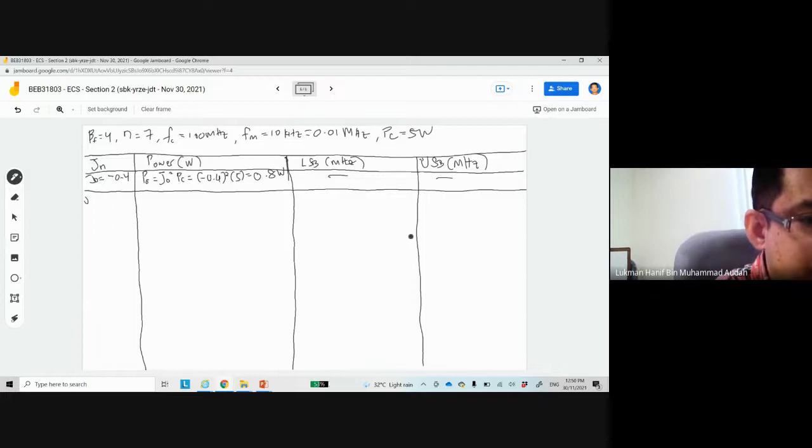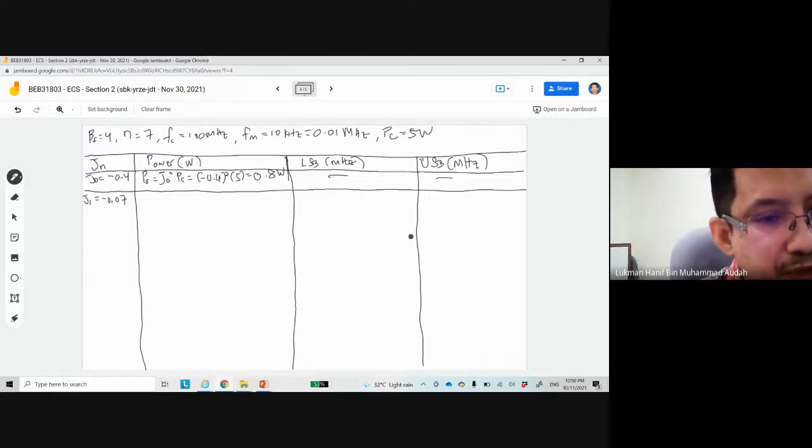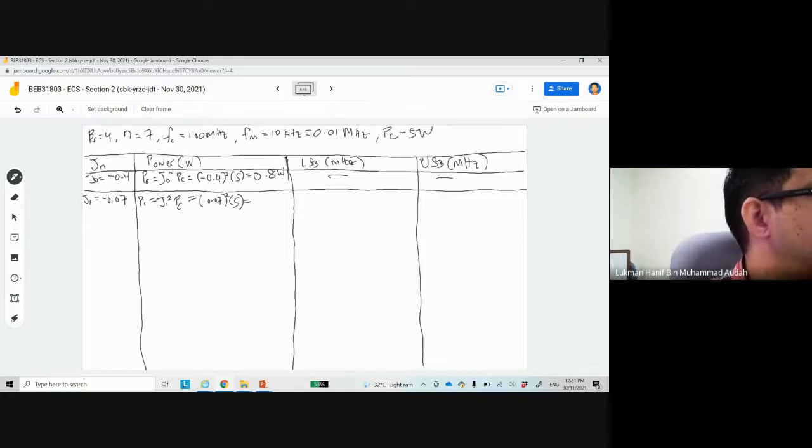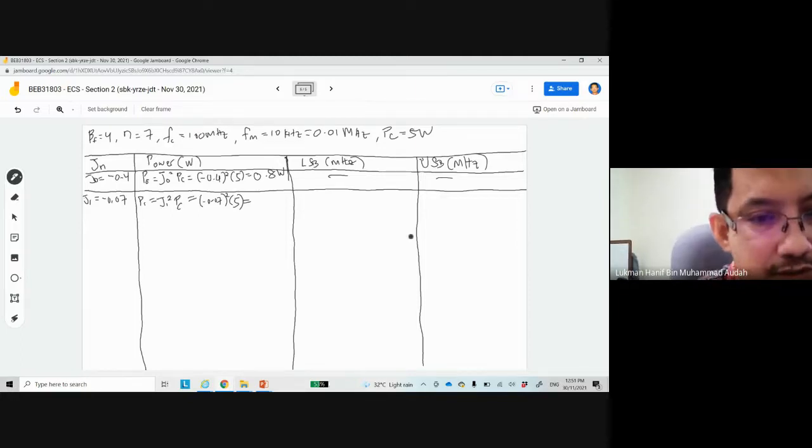So move to J1 equal to minus 0.07. Okay, so P1 is equal to J1 square PC equal to minus 0.07 square times 5, so this is equal to 0.0245.